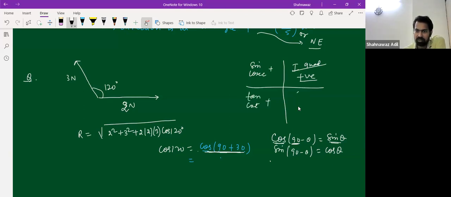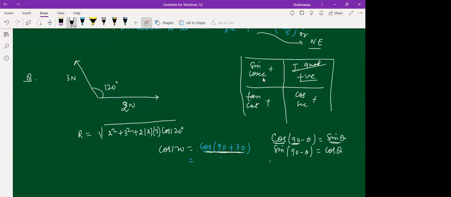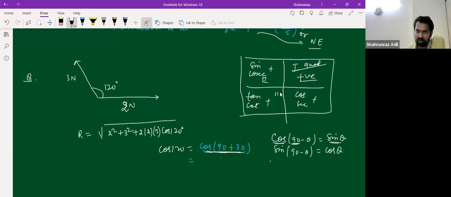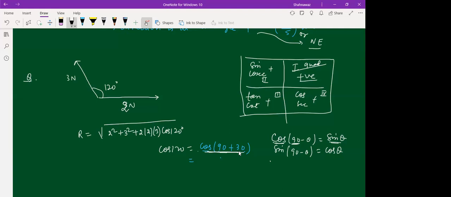And in the fourth, only cos and sec are positive. So do you guys remember this rule? Now, 90 plus 30 comes in which quadrant? Second quadrant, sir.